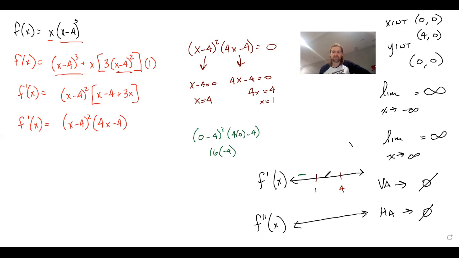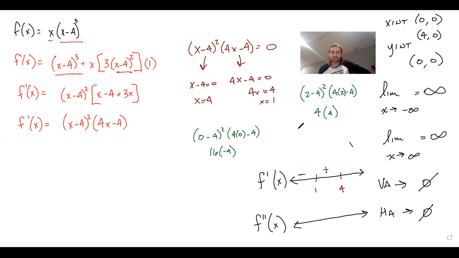Now picking a number between 1 and 4, I'm going to stick with 2 because it might be easier. 2 minus 4, squared, times 4 times 2 minus 4. 2 minus 4 is negative 2, and negative 2 squared is 4. And 4 times 2 is 8, and 8 minus 4 is also 4. 4 times 4 is positive 16, so the graph is going up.